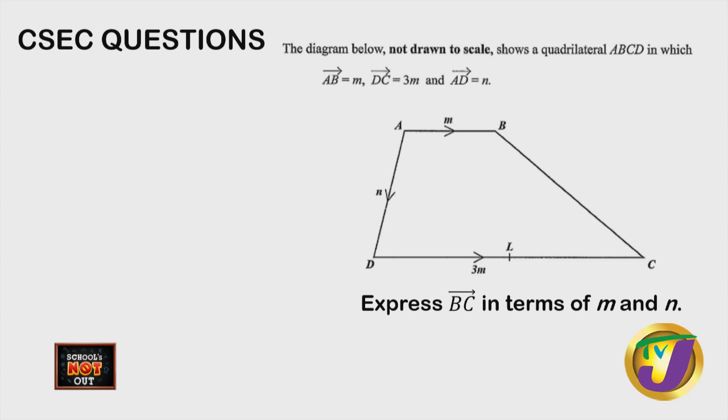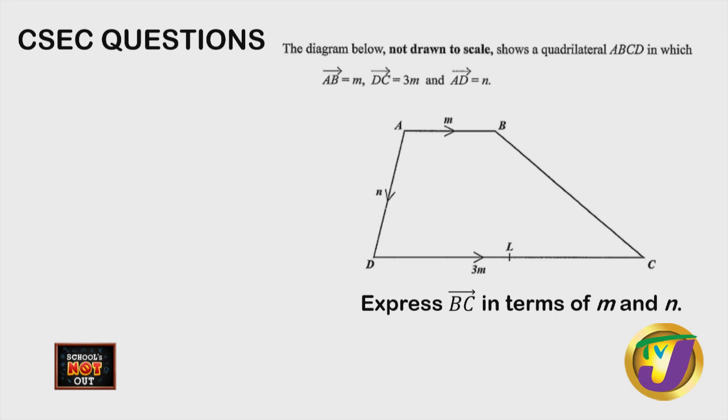It shows a quadrilateral ABCD in which vector AB is equal to M, vector DC is equal to 3M, and vector AD is equal to N. You have to stress this because the M and the N are so close, but we want to pronounce them clearly so that our students can see. So what are they asking us for? To express vector BC in terms of M and N.